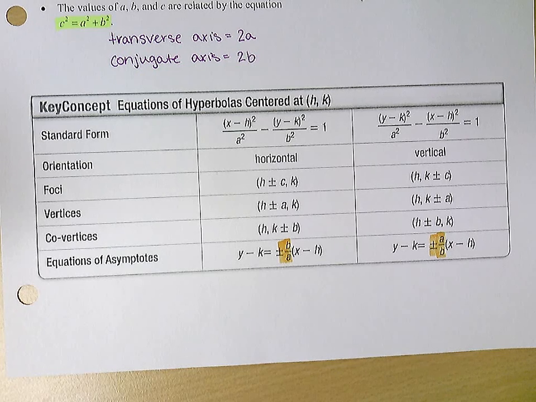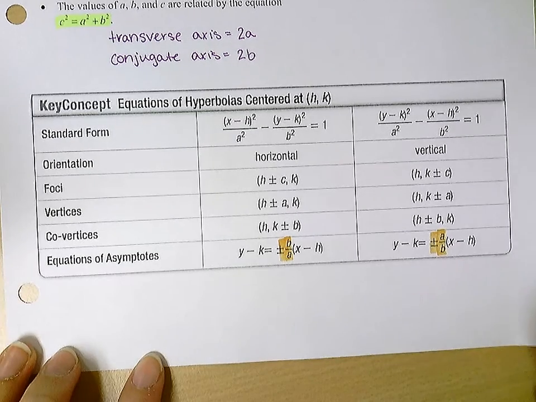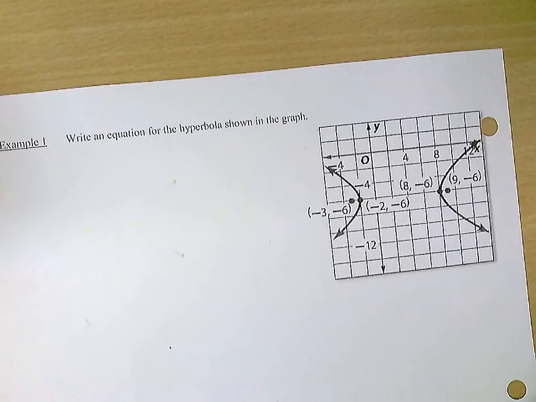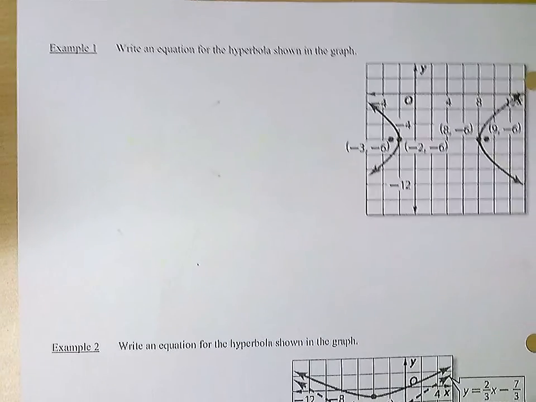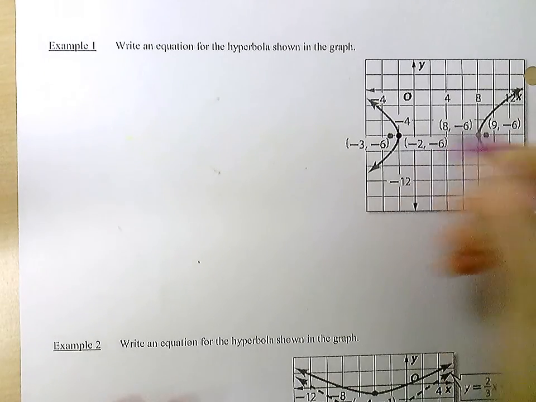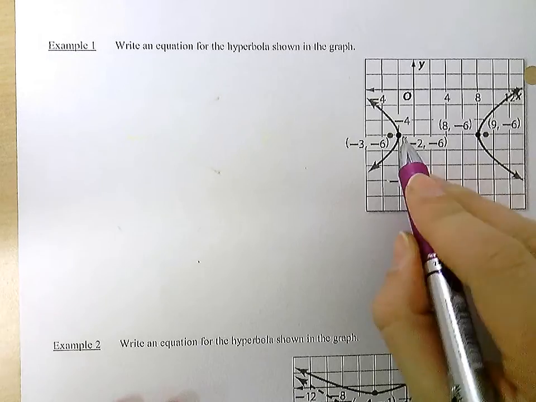Writing an equation of a hyperbola. We have two different examples here, and we're solving them different ways. You're given a graph, and we want to write an equation for that hyperbola. First I want to decide if this is a horizontal or vertical hyperbola. Your vertices are right here on that graph.